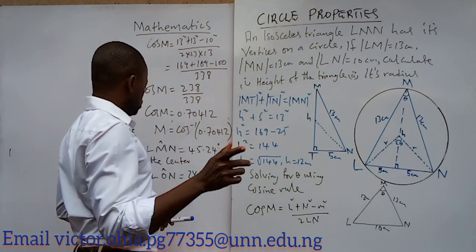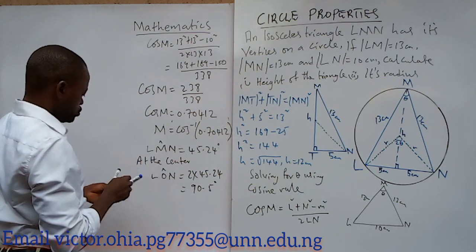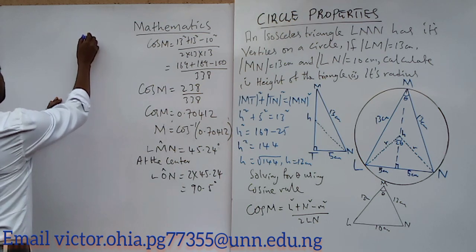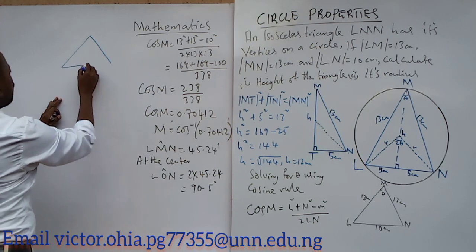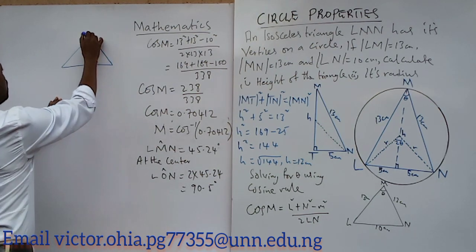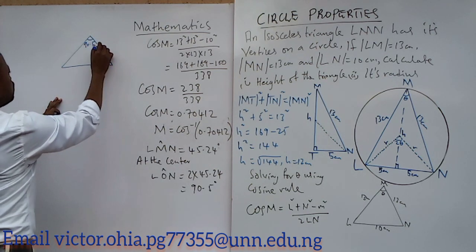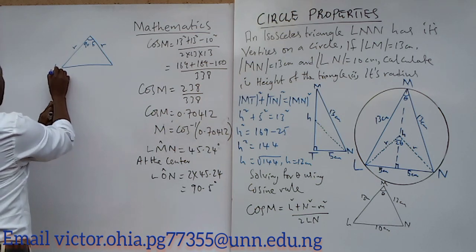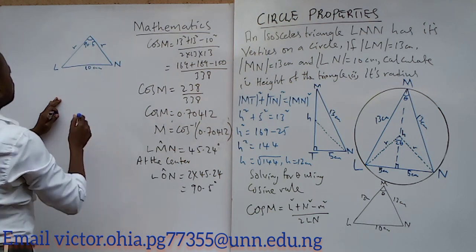Now, permit me to extract a triangle of this nature. A triangle. Now the center angle is 90.5. This is the radius, and this is a chord LN, LN being 10 cm.